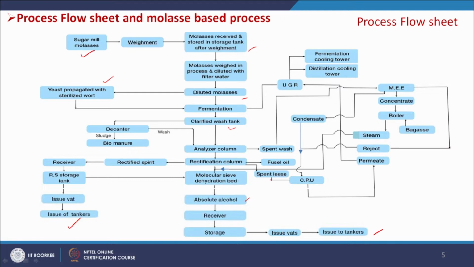And the spent wash, which is coming into the CPU, that is condensate polishing unit, which we have got here, contains a very high amount of organic content, and this is managed through different routes. Here it is shown for the thermal route, basically it will go for evaporation in a multiple effect evaporator, and then condensation, the vapor part will be condensed, and then it will be sent as condensate, and that will be treated in the CPU.